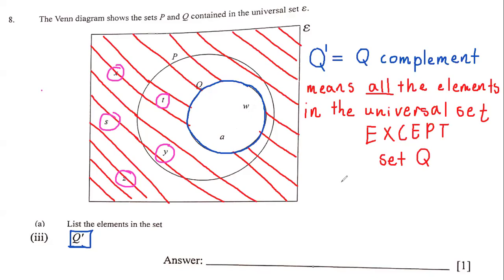No. So Q complement is going to include X, S, C, Y, and T. Those are going to be the elements for Q complement.